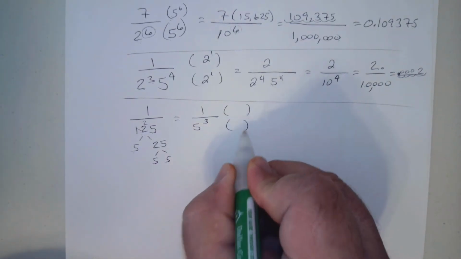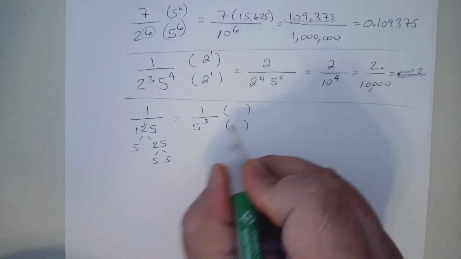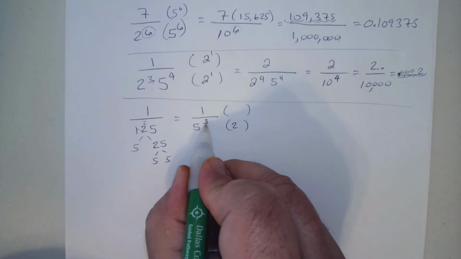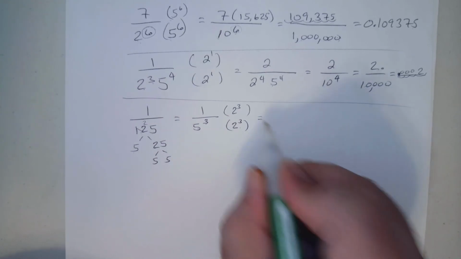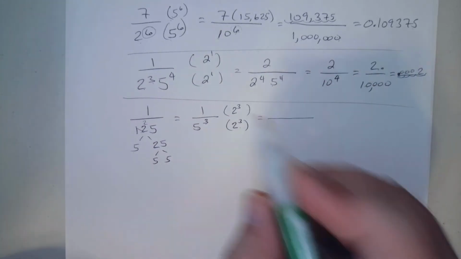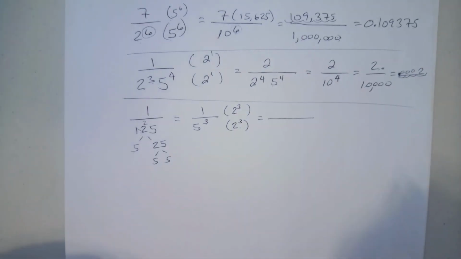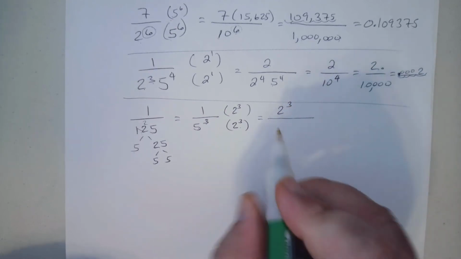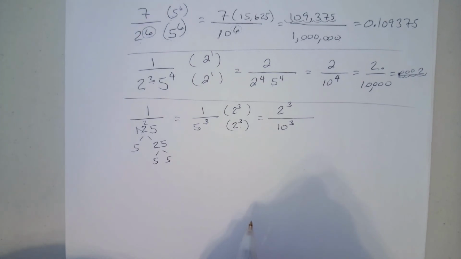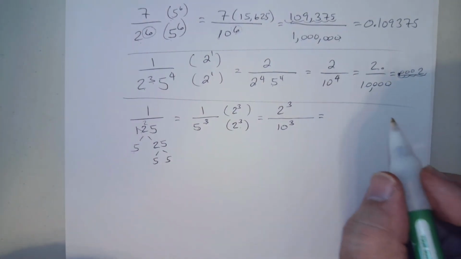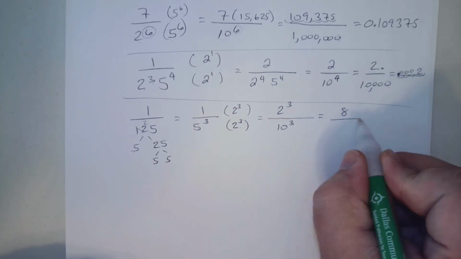So now what do we have to multiply top and bottom by to make it equal 10? 5 times 2, but since we have 3 5's, we need to have 3 2's. Again, we're multiplying by 1, 2 to the third over 2 to the third, they cancel out, equals 1. 5 to the third times 2 to the third is 10 to the third. 2 to the third is 8. 2 times 2 times 2 is 8.